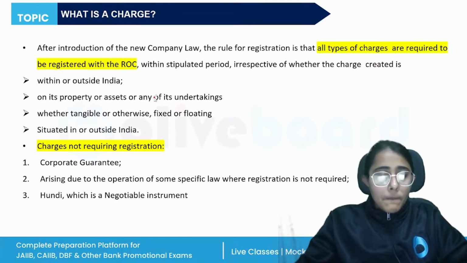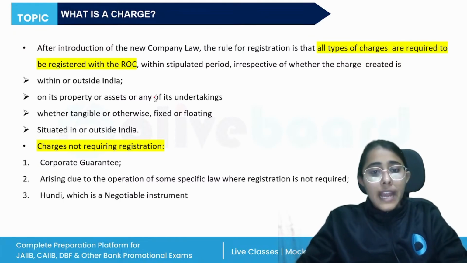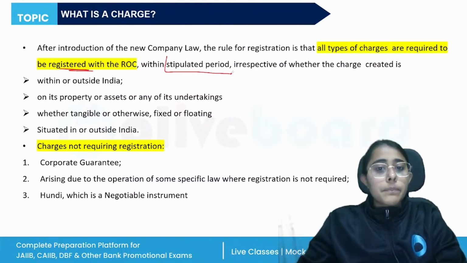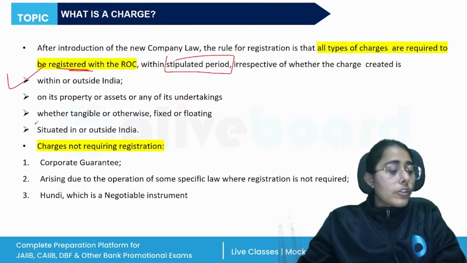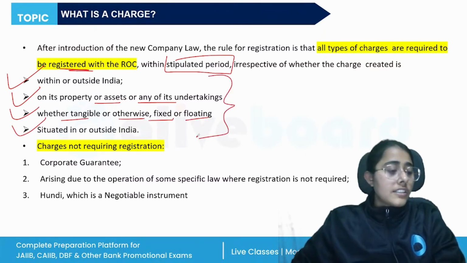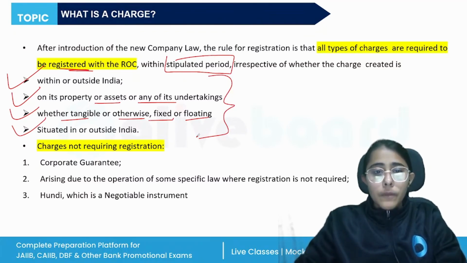But the new Companies Act has said that now all types of charges are required to be registered with the ROC within the stipulated time period, irrespective of whether the charge is created within or outside India, whether it is on the property or assets or any of its undertakings, whether the charge is tangible or intangible, fixed or floating, situated in India or outside India. All types of charges have to be registered with the ROC. This change has been made with the new law, right?